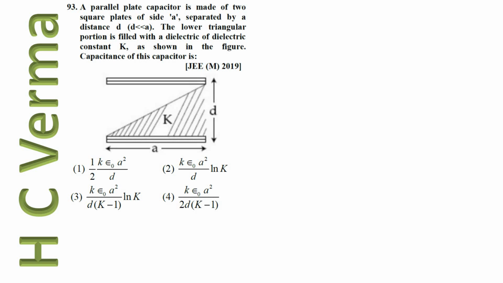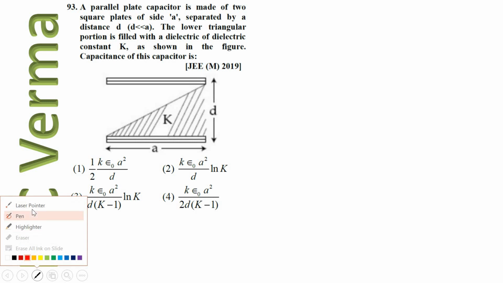Welcome dear students. Today we are about to discuss a very important, famous, frequently asked question from H.C. Verma. We have two parallel plates in the shape of a square whose side is small a.